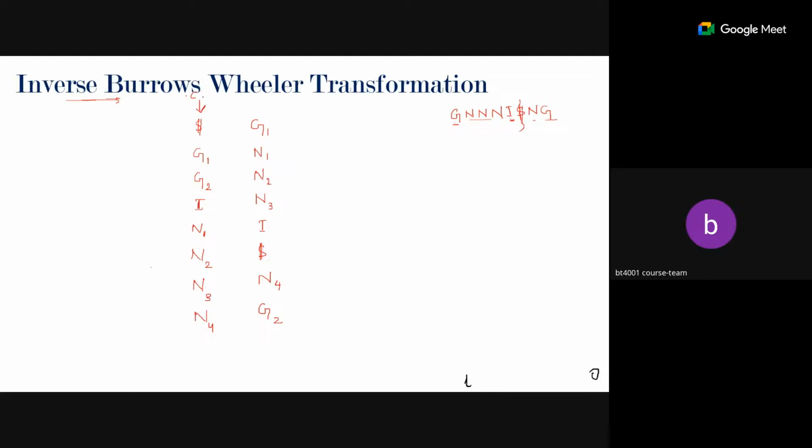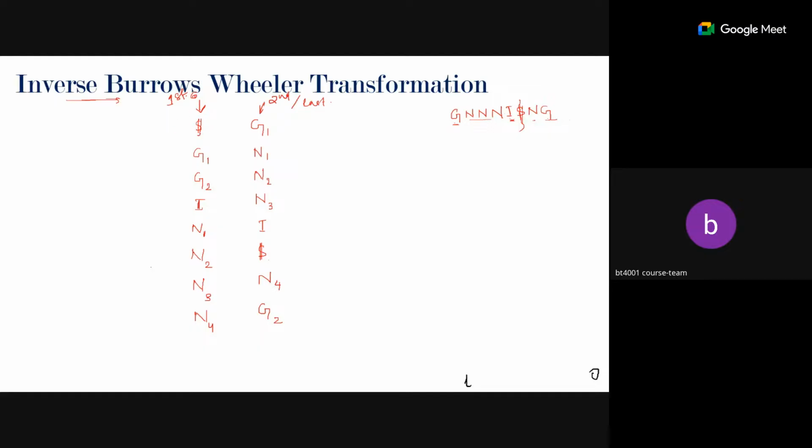Okay. This is the first column. Okay, this is the second column or the last column. So what we'll do is, we'll start with the first column and we'll compute the string. The second method we will discuss is from this. We'll start from the second column and we'll compute the string. Okay, so the first way is, let's start with the first column.